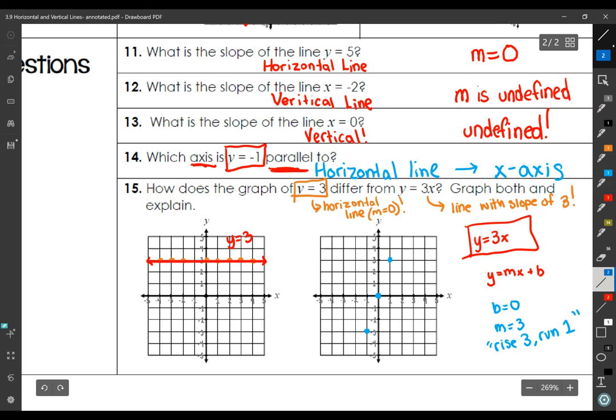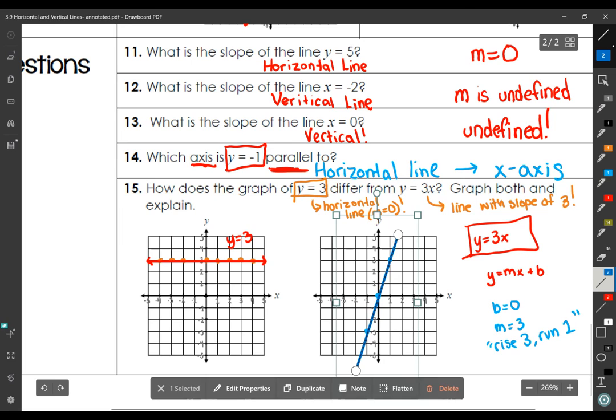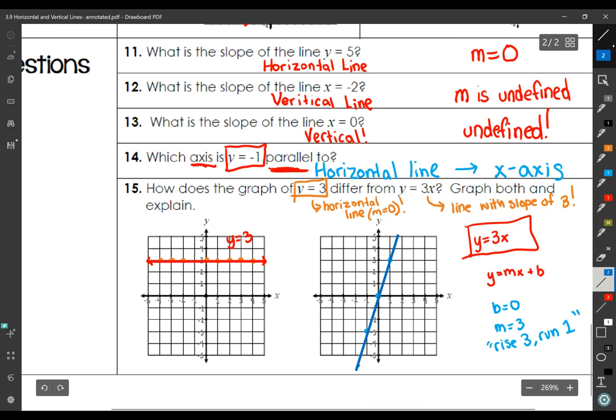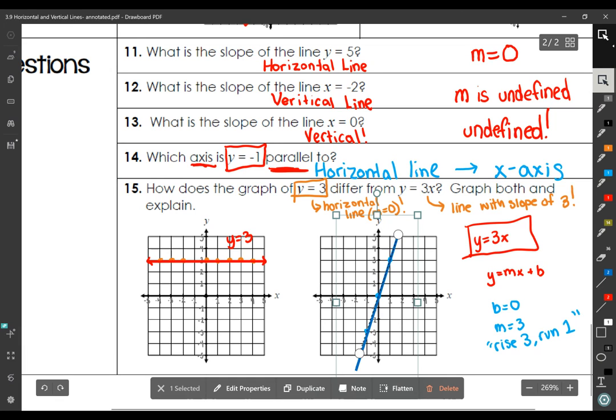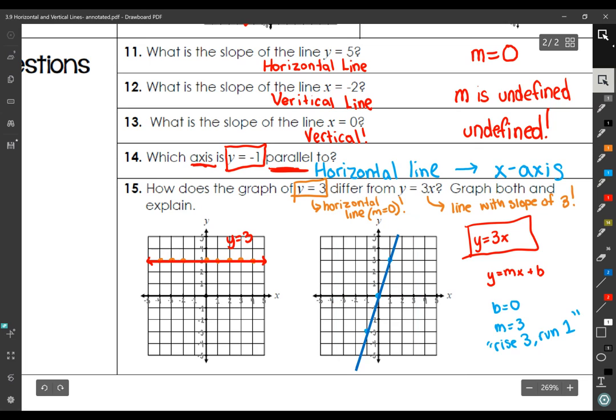Okay, so that would give us this line right here.